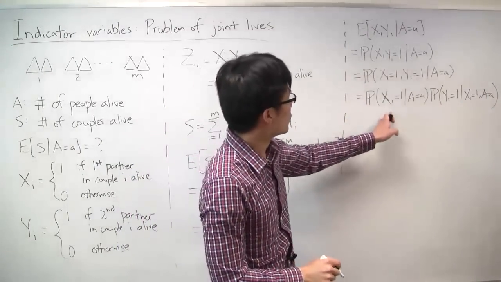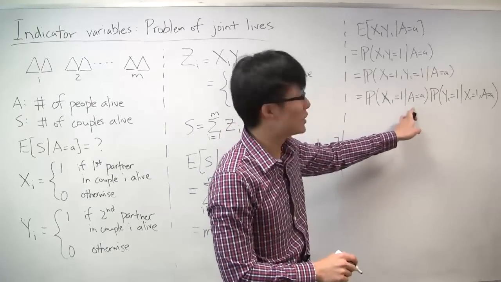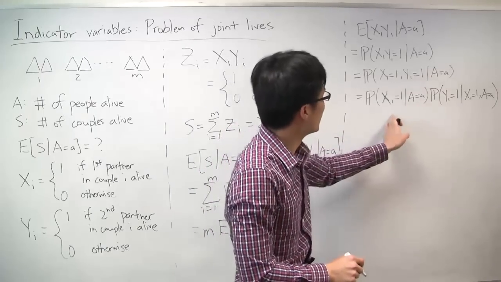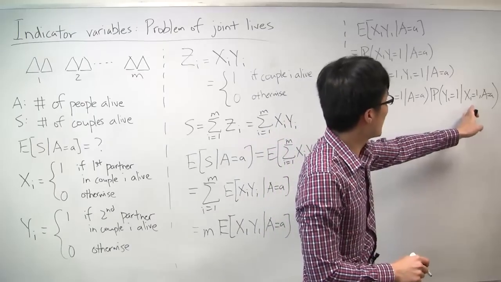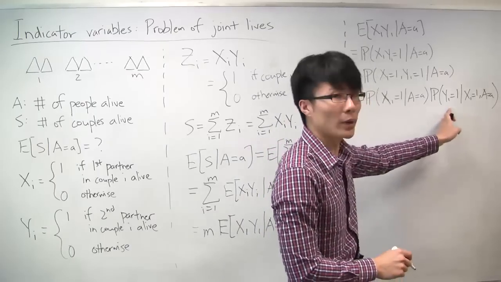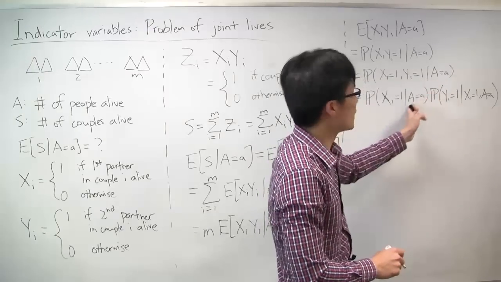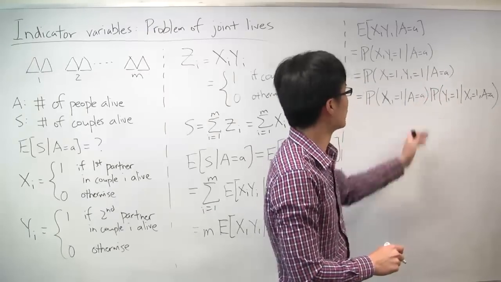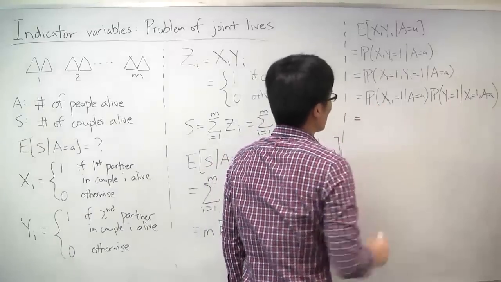First we'll say, what's the probability that X1 equals 1? And remember, we still need to keep the conditioning on A. And then once we have X1 equals 1, we add that to the conditioning, and then we calculate the probability that Y1 equals 1. So this is really the same rule, except in the conditional universe, where A equals a. So now all we have to do is figure out what these two things are.